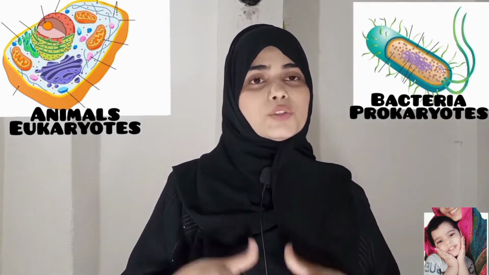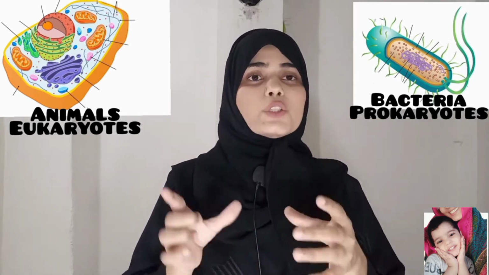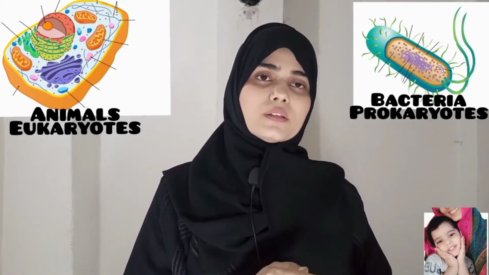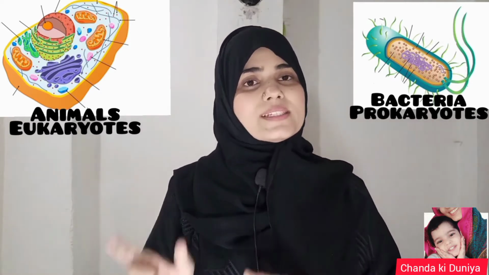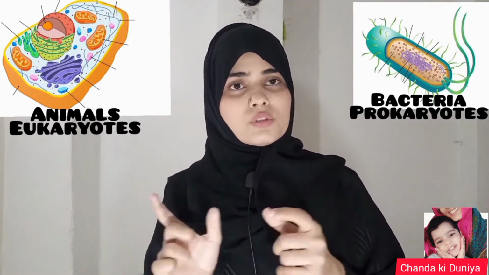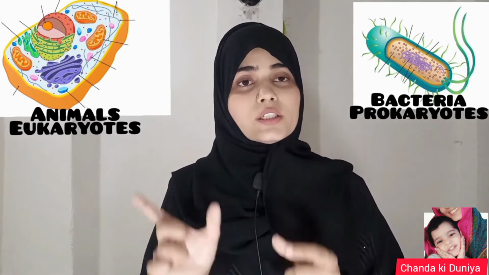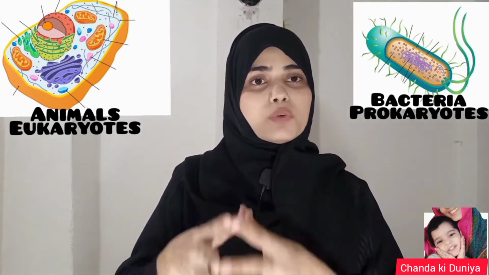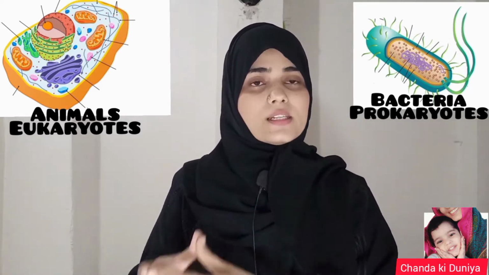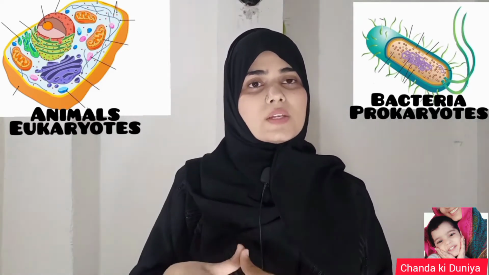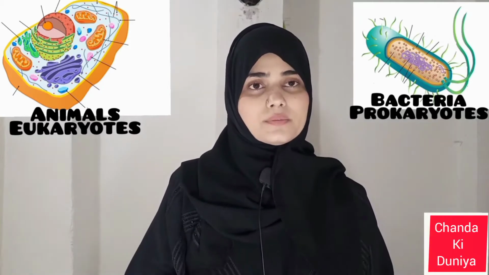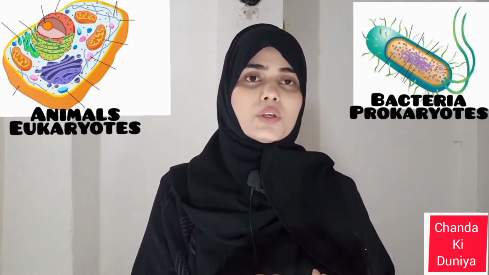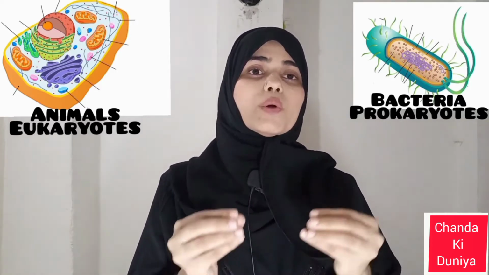Now let's talk about eukaryotic cell. Eu means true and karyot means nucleus. So the cell which has a true nucleus is called eukaryotic cell. The living organisms which have eukaryotic cells are called eukaryotes, and those living things which have prokaryotic cells are called prokaryotes.